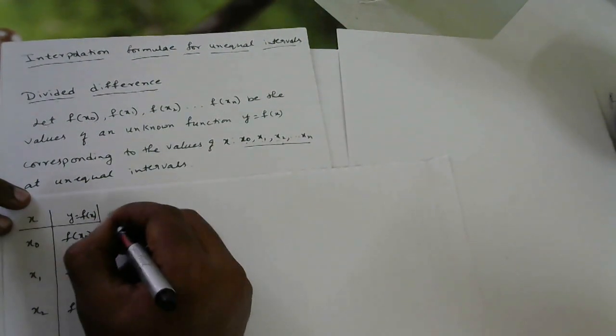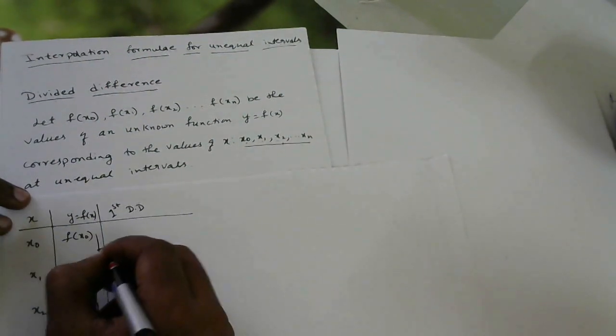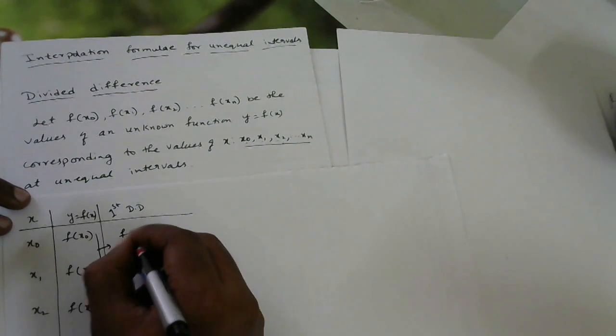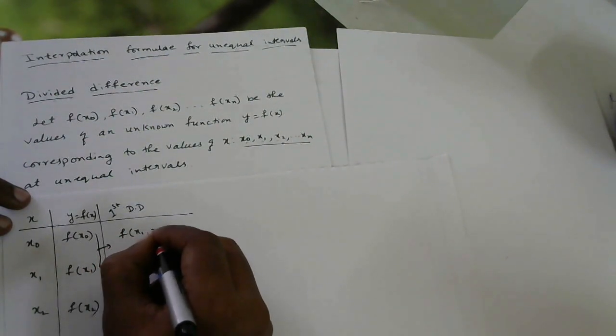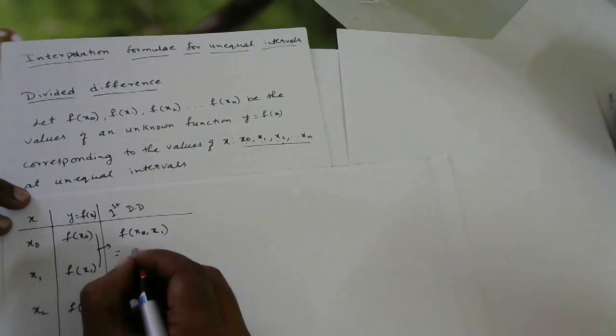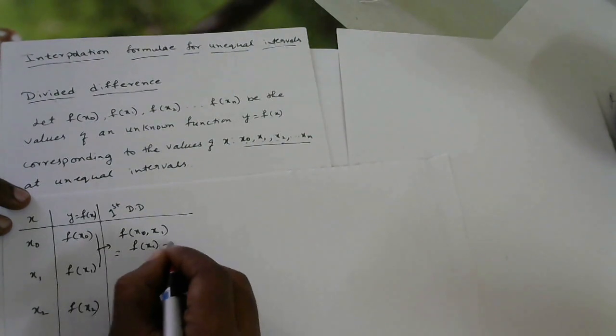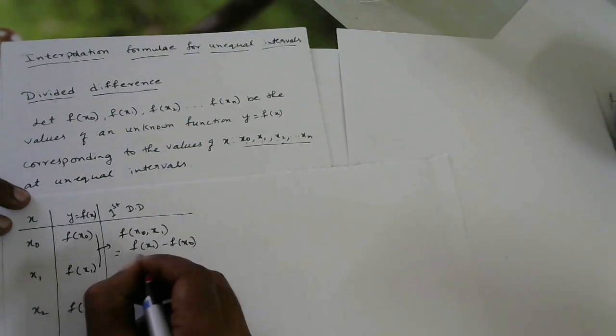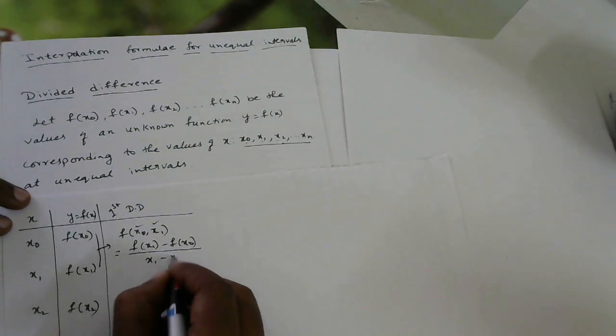So here the first divided difference. f of x0 comma x1 equals this minus this, that means f of x1 minus f of x0, whole divided by last term minus first term, so x1 minus x0.